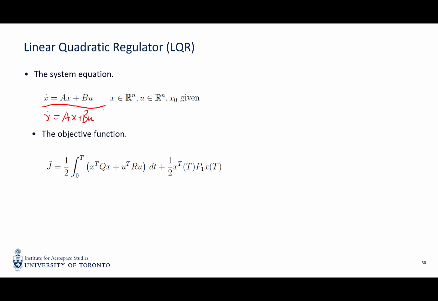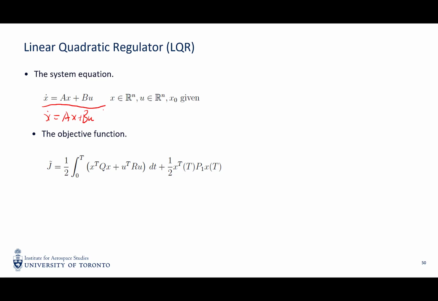Now the u here is the delta lift and the delta torque on the quadrotor. Then we say, okay, we want the system to settle down at some given time.